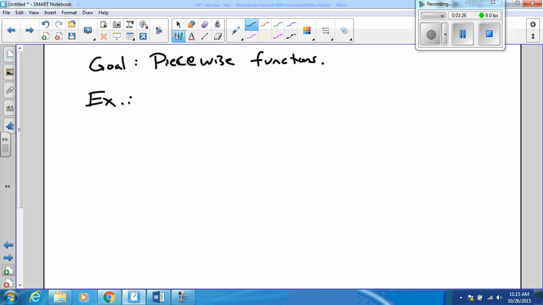And our kind of model problem here is going to be f of x is equal to... Now we've seen this function before, but if you're not sure, go ahead and graph that function in your notes. And see if you can come up with a different name for it. Yeah, it's the absolute value of x, that's right.